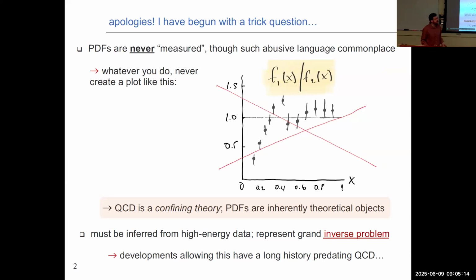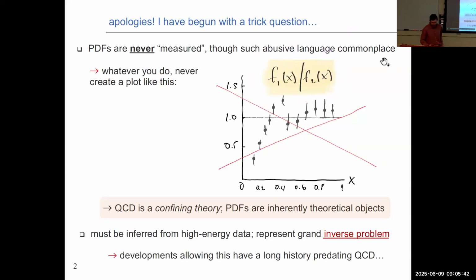I say that because it's actually not uncommon among really experienced practitioners in the field to speak of measuring them. Maybe they do so loosely, but I worry it engenders a misconception about measuring the PDFs. So that's never done. And in fact, you'll even see worse. Sometimes, in this crudely hand-drawn sketch of mine, you'll see experimental data used in an attempt to plot something like a PDF ratio.